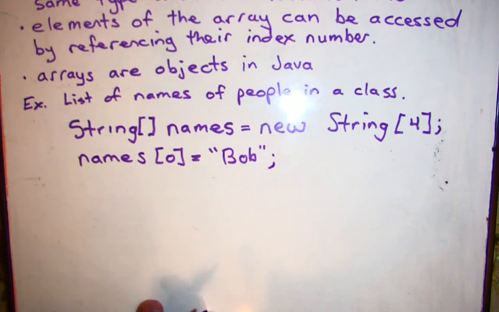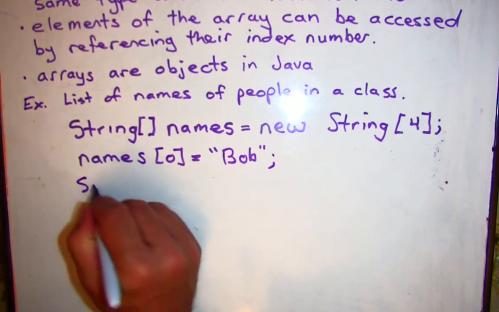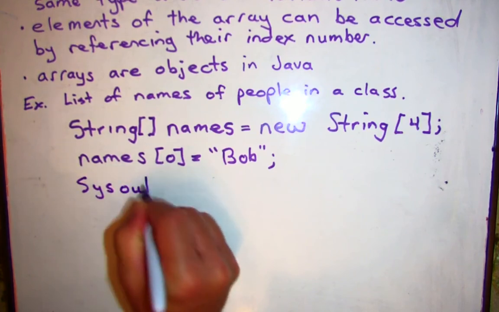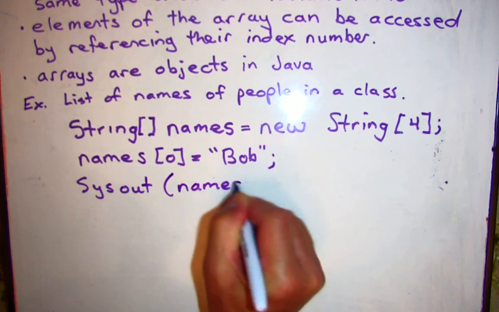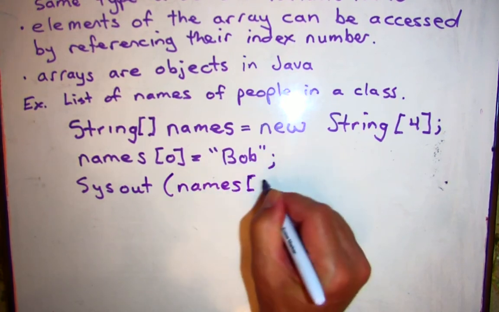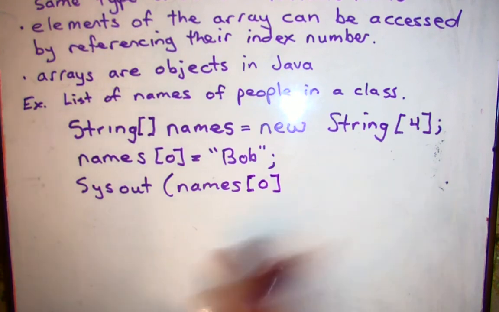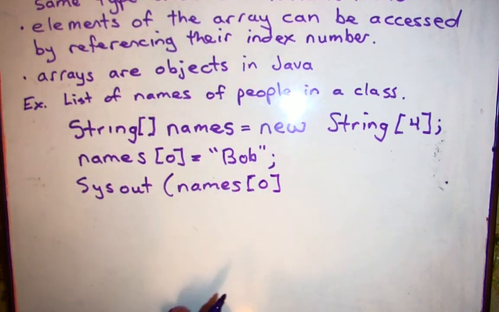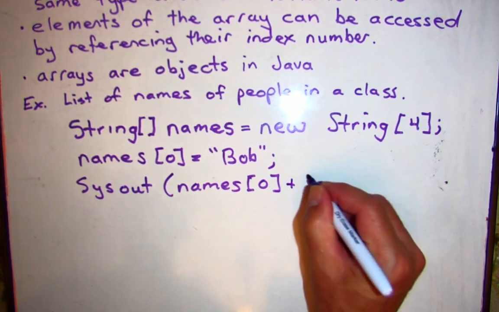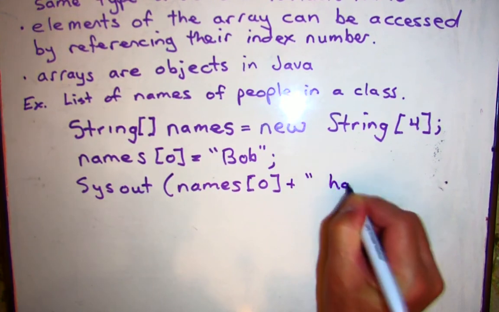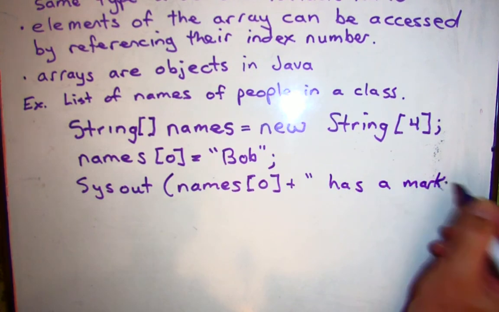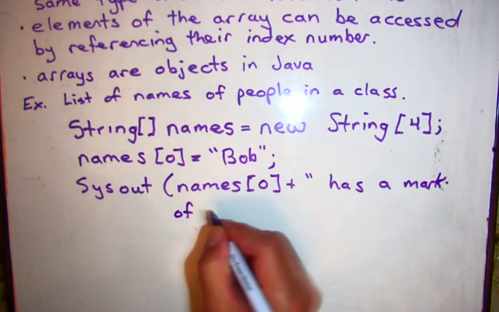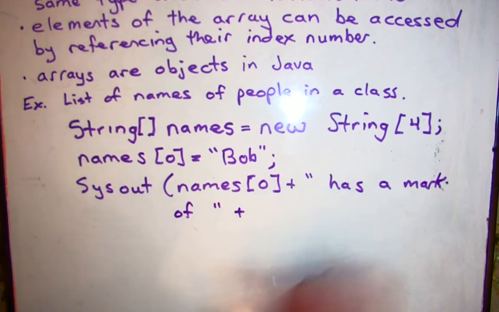And if you want to print that, you would just say System.out.println, just using sysout for short, names square bracket 0, and that would actually print Bob. And then you could say something like has a mark of, and then we could join on from the marks array.